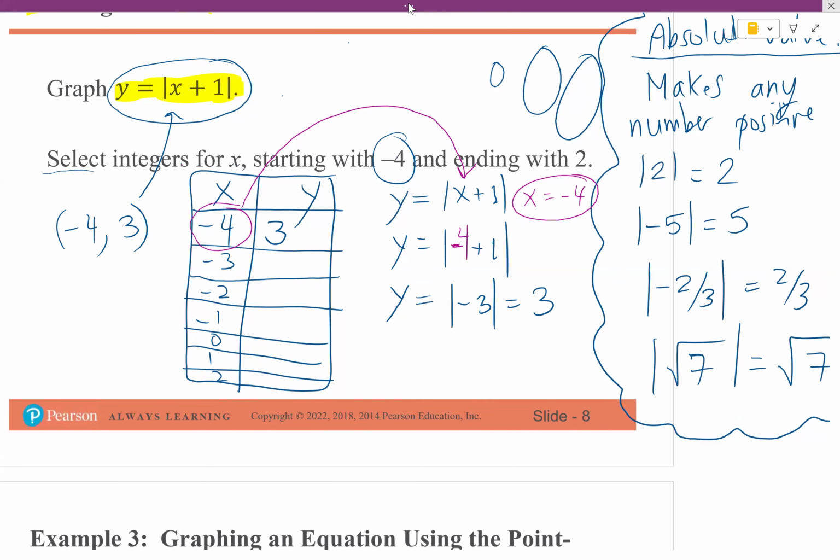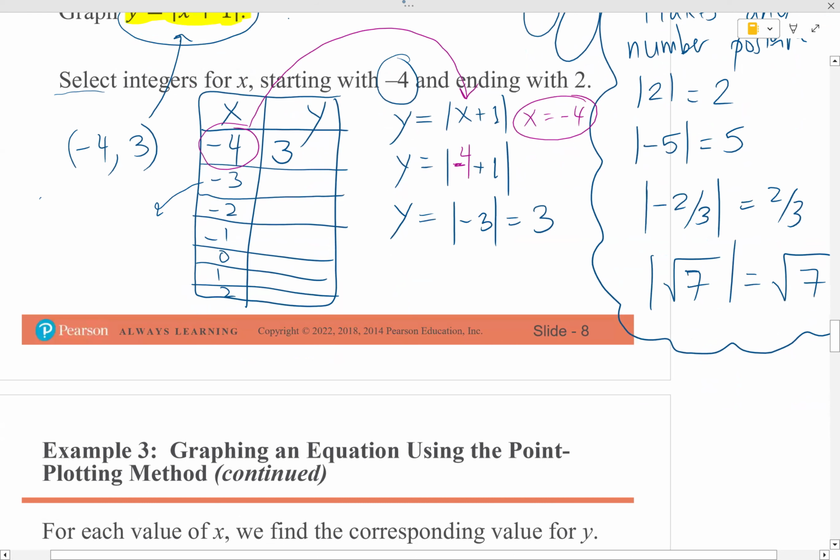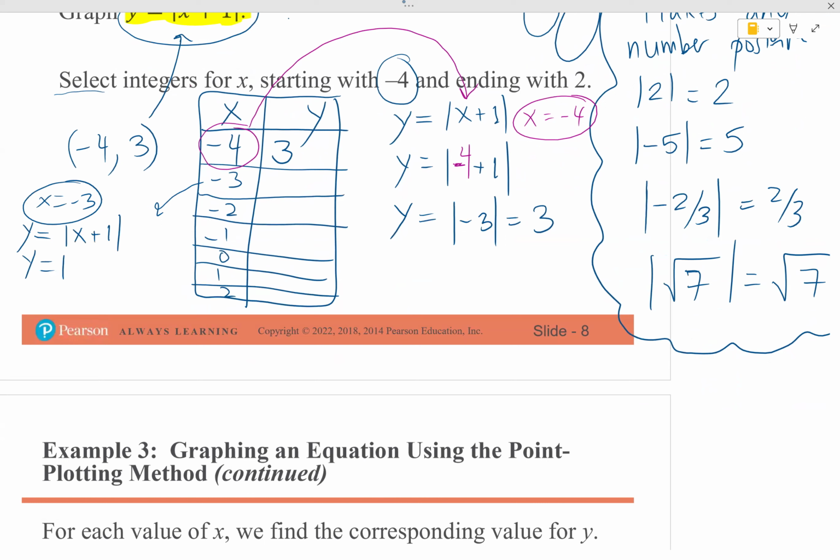Now I'll try to do it for all the other values. And don't feel like you have to show a lot of work. If x is -3, what's y? According to this equation, it's the absolute value of x plus 1, but I want to replace x with -3 this time.